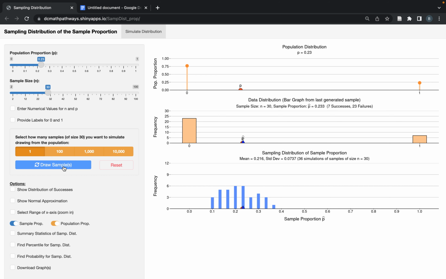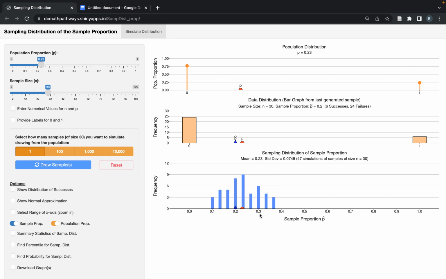So you can see we have a pretty good amount here now. And now that we have all of our proportions, we can see about 3 of them got a sample proportion of 0.1. We had 6 of them get a sample proportion of 0.3, and so on.